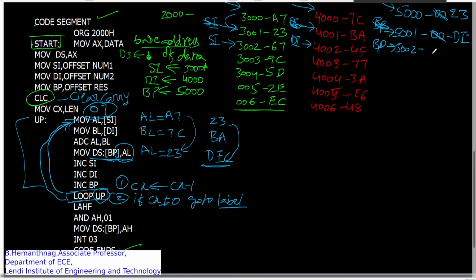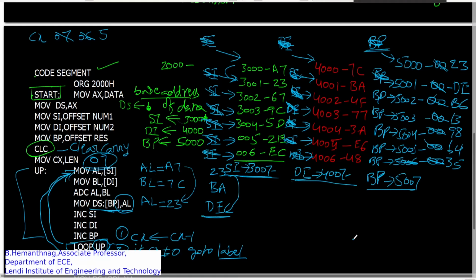Now I'll put the values here. I have just provided the results here after every successive addition. Once CX, decrementing successively from 7 to 0, reaches 0, all the bytes are taken and the addition is performed, and the results are properly stored in the respective memory locations.